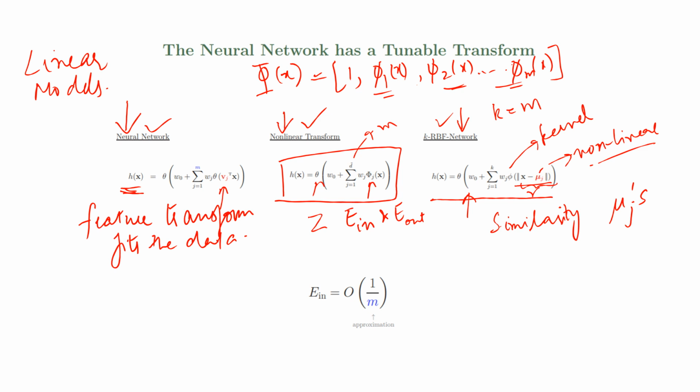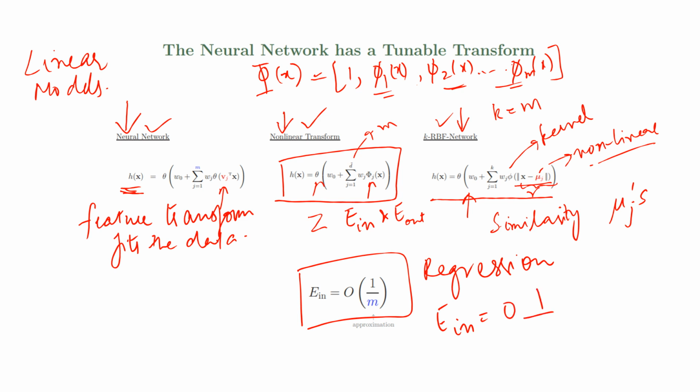And because it's so powerful, we need to control this power somehow, because the power that this is offering is leading to the issue of overfitting. Before we talk about overfitting, we need to understand the approximation capability of my neural network. That's given here, by the way, and this is for a regression problem in general. For regression and for classification, it's of the order 1 over square root m.